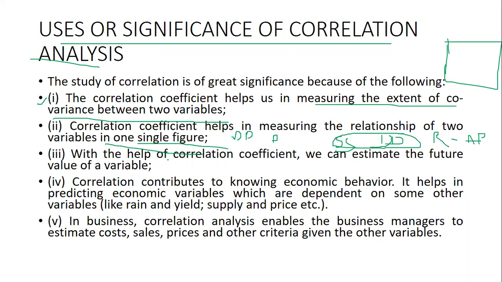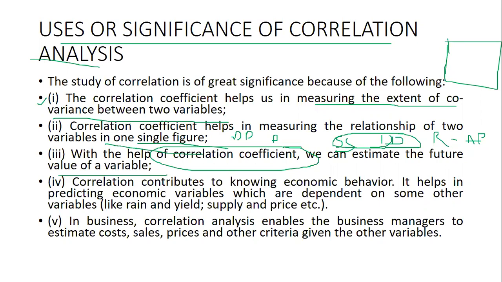Then, with the help of correlation coefficient, we can estimate the future value of the variable. Now, if we calculate correlation coefficient, we will be able to analyze what can be next year's value. Let's say we are trying to find out next year's profit. We can use this correlation and a few factors to analyze and understand that next year, somewhere between 10,000 to 50,000, I will get the profit.